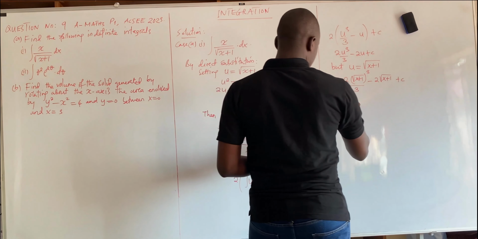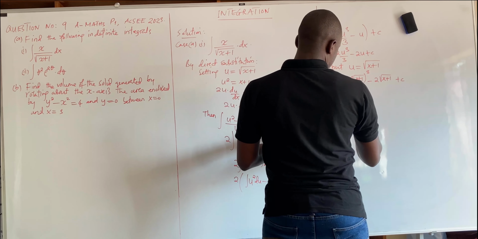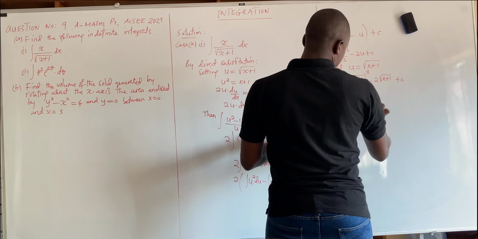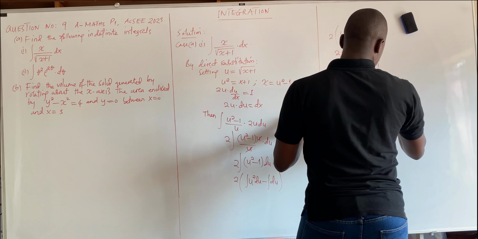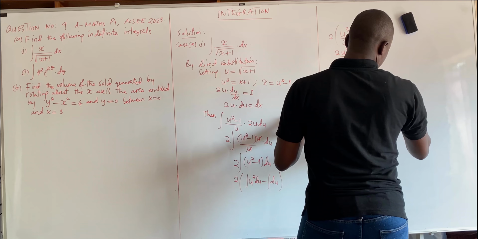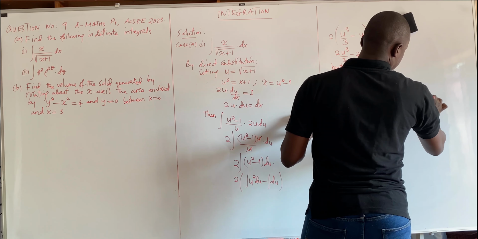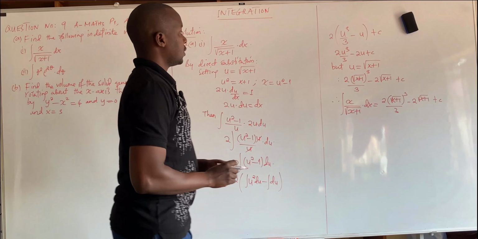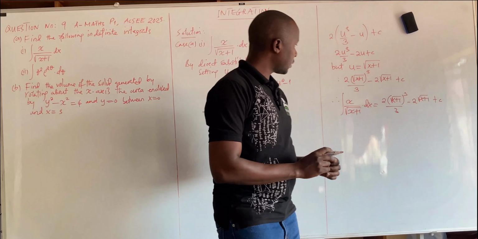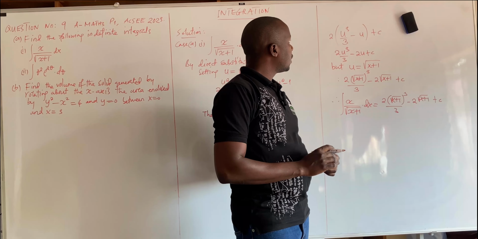So we have integrated the function with respect to x, and that is the solution: x plus 1 cubed over 3 minus 2 the square root of x plus 1, plus c.